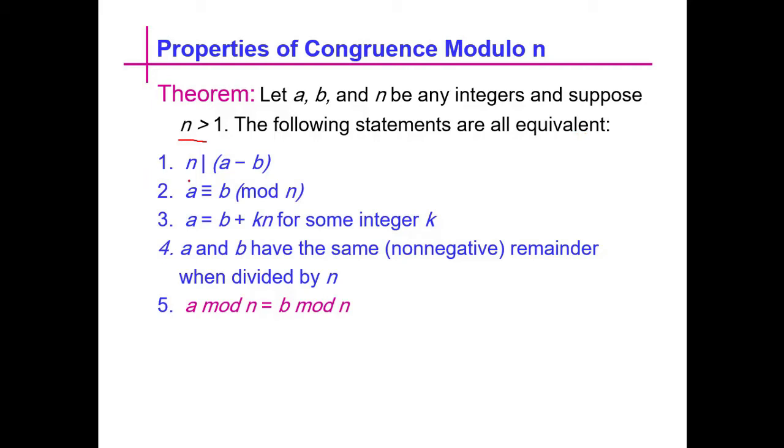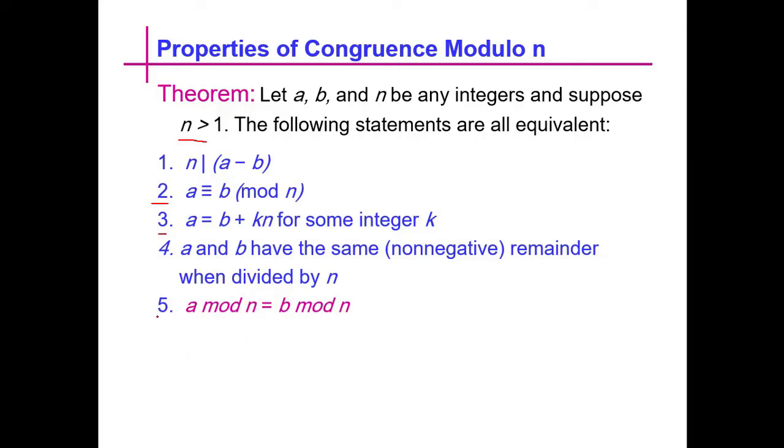So the first statement is n divides a minus b, and the second is a is congruent to b mod n. Third one is a is equal to b plus k times n for some integer k. And fourth one is a and b have the same non-negative remainder when divided by n.